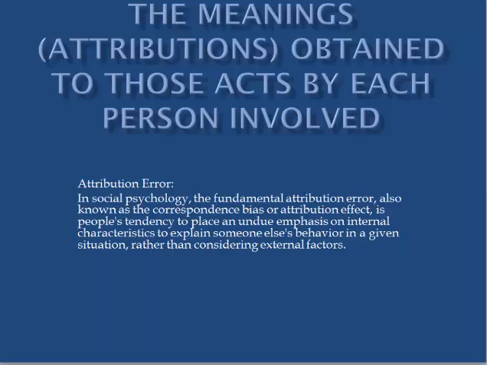Also, when you do that behavior act, it's usually because of external factors. But when the other person does that same exact behavior act, it's usually because of internal characteristics. So let me give you a little bit of an example.